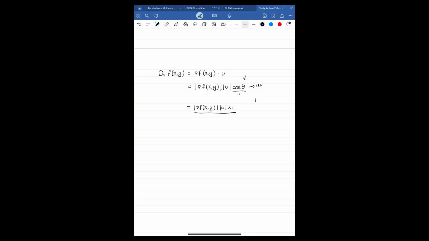And just like in single variable calculus, the derivative basically gives us the rate of change, and so the directional derivative gives us the rate of change in that direction for a function.